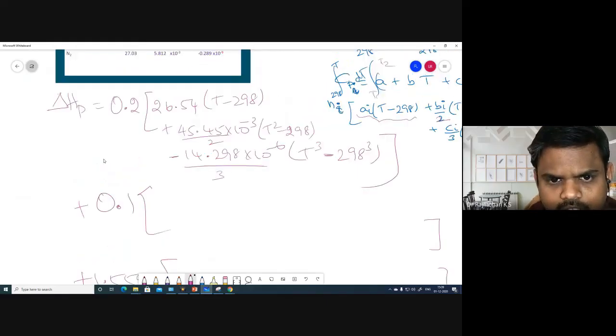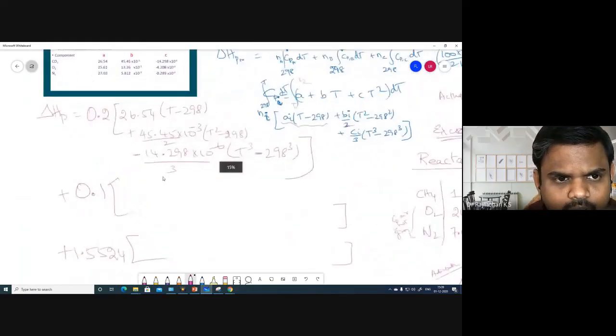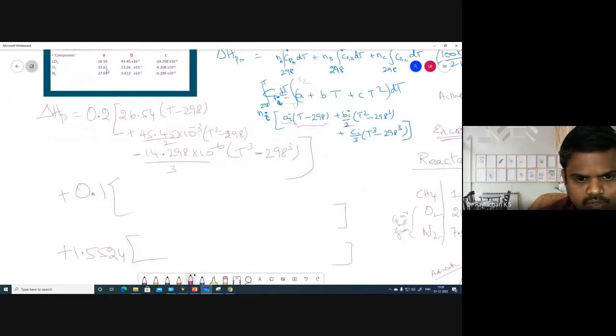Please write the A value, B value, C value as given. For oxygen, the A value is 25.61.